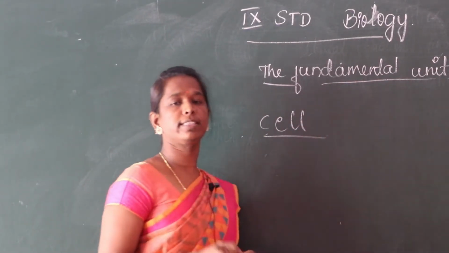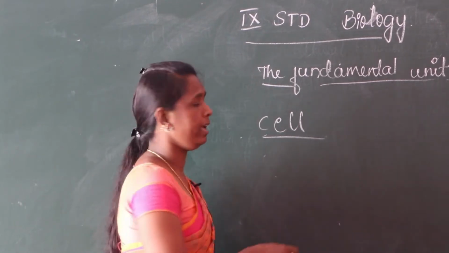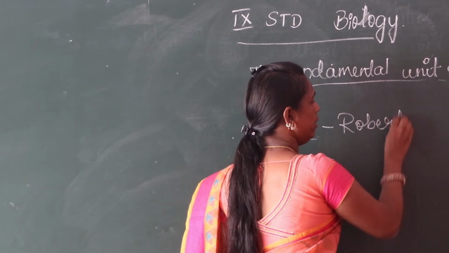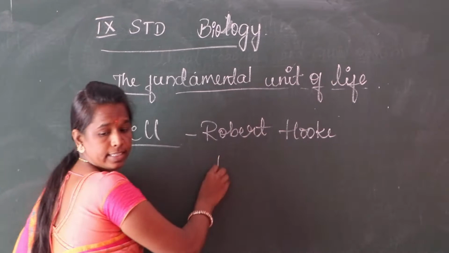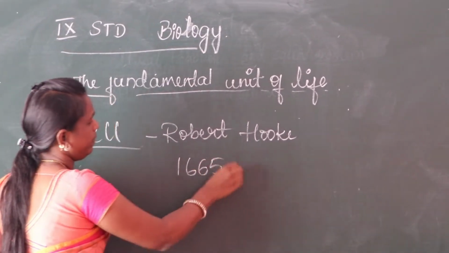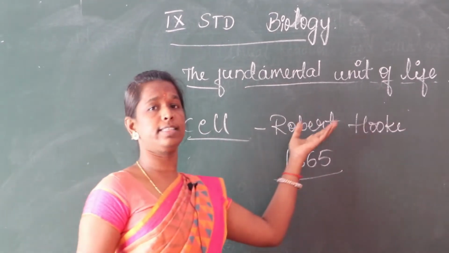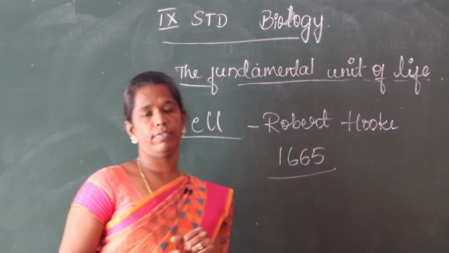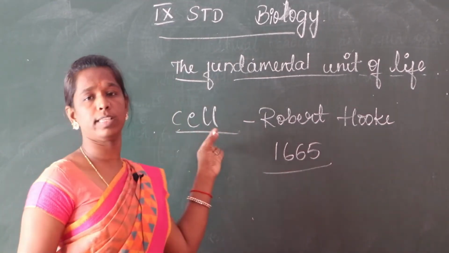You know children, who discovered the cell? The cell was first discovered by Robert Hooke in the year 1665. How did he discover the cell?